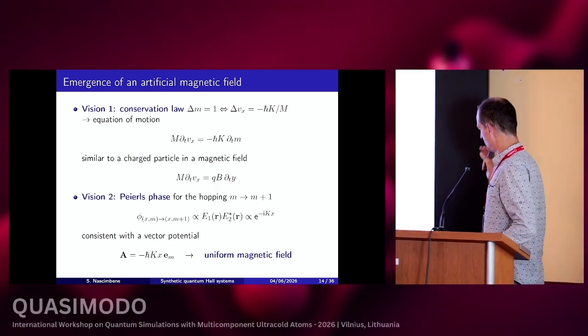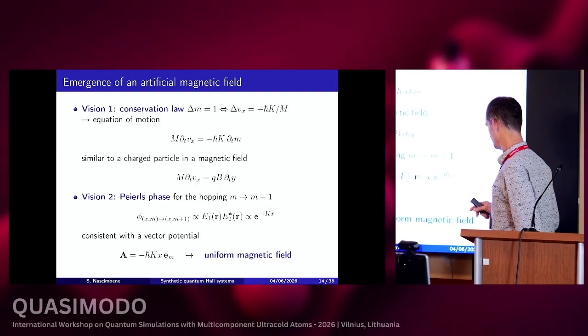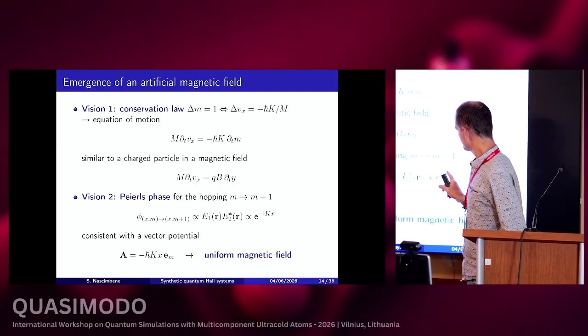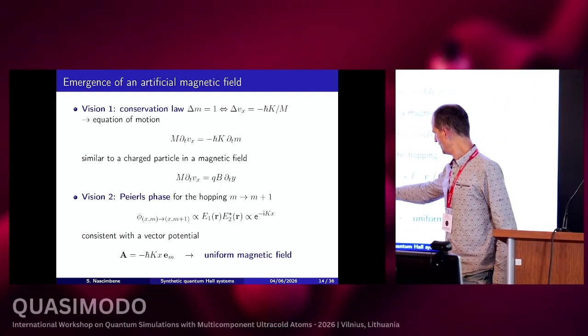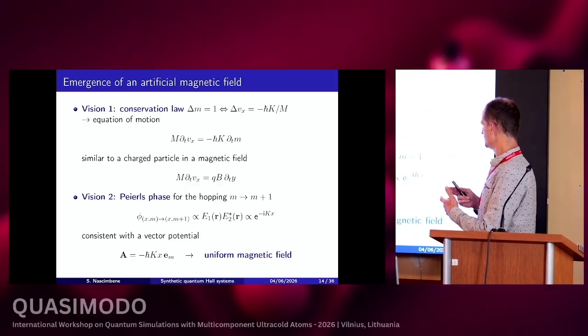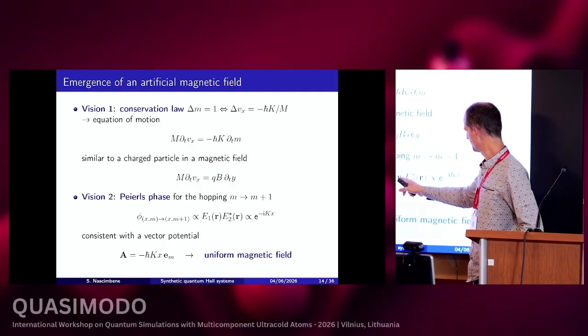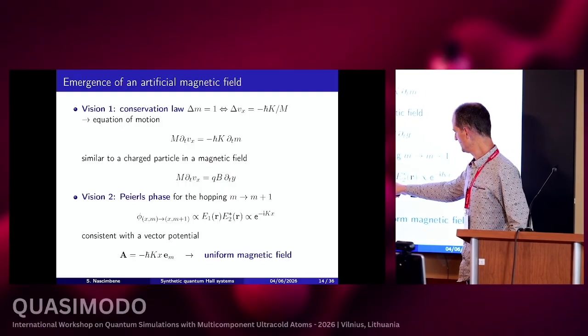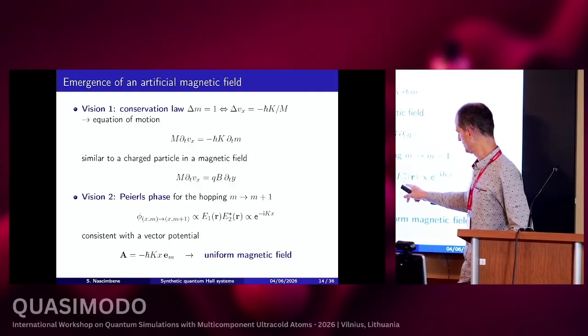Another way, which is a bit the same thing in a sense, is to say that when we hop from n to n plus 1, this occurs via the absorption of a photon in laser 1 and the emission of a photon in laser 2. And so the hopping amplitude is proportional to E1 times E2 star.